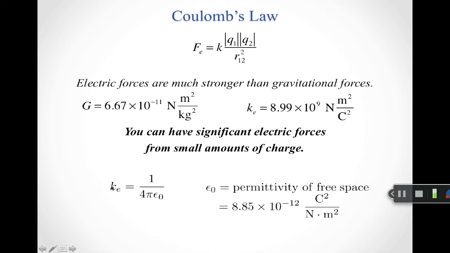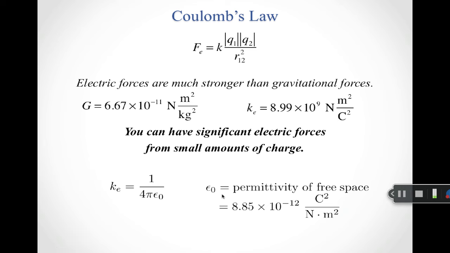Now, let's go ahead and introduce at this point that Coulomb's constant is related to another universal constant that we're going to end up seeing a lot, which is known as the permittivity of free space. It's epsilon naught. This is a lowercase Greek epsilon with a zero subscript. And notice that Coulomb's constant is 1 over 4 pi times epsilon naught. So we'll see epsilon naught a lot, basically when we're working with electricity.